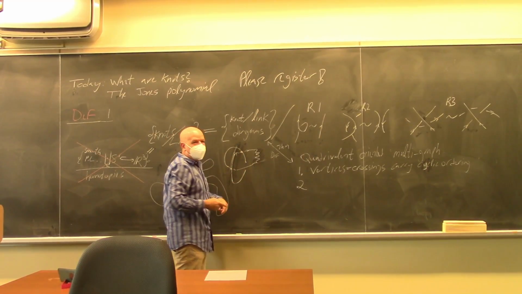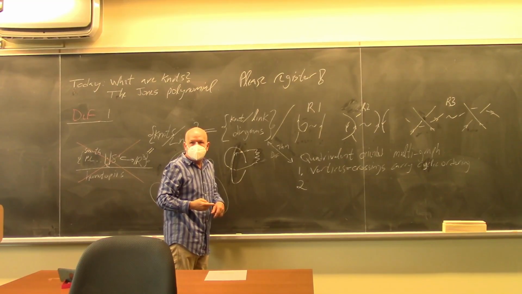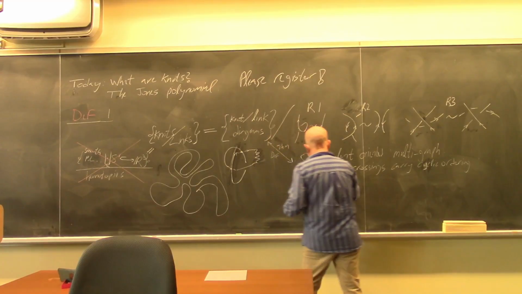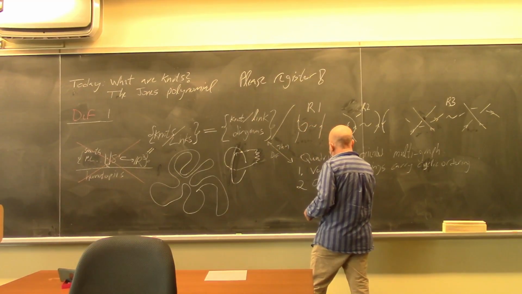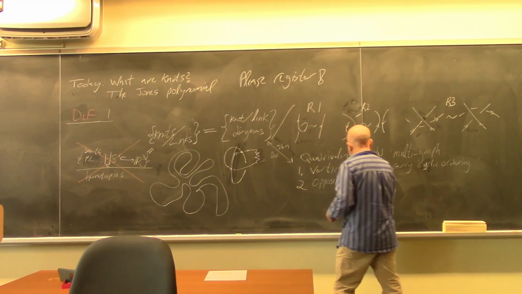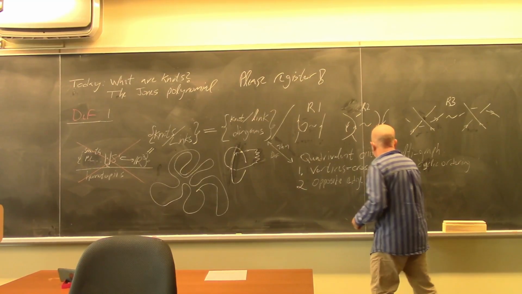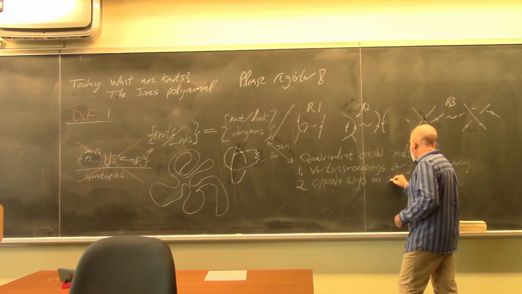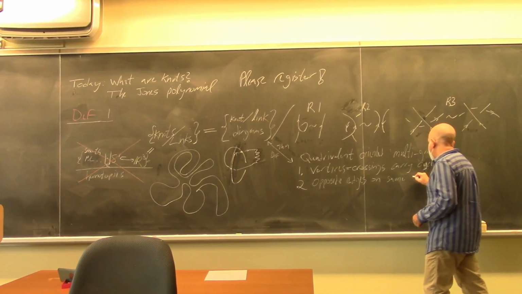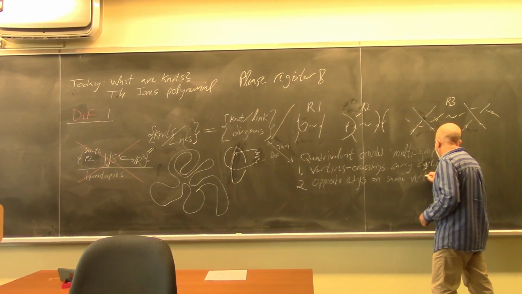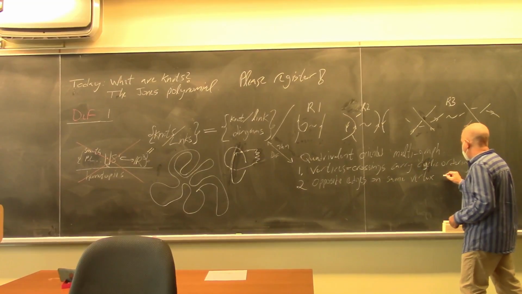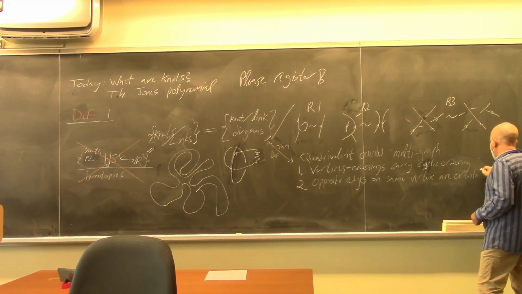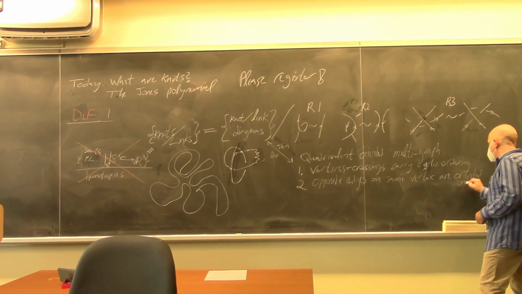So it should be oriented the same way. I don't know how to say it: opposite edges on the same vertex or crossing are oriented consistently.